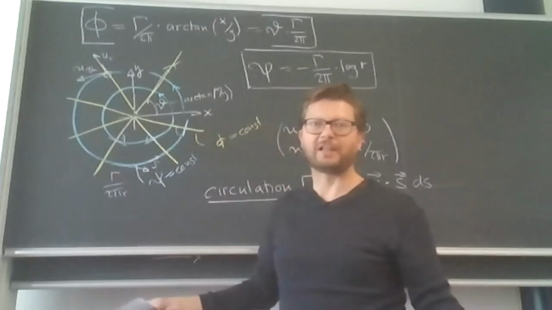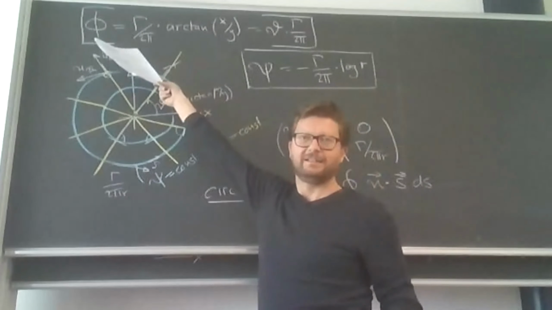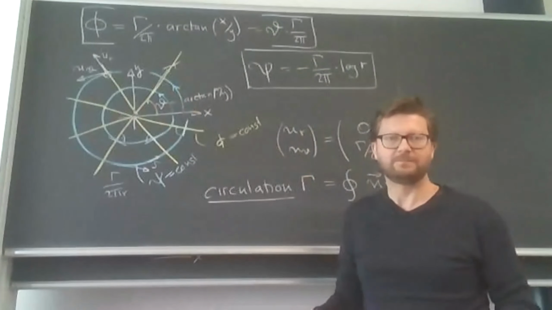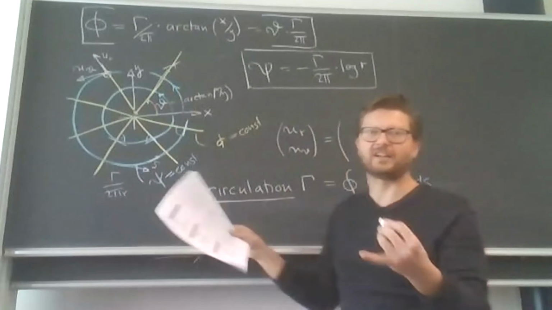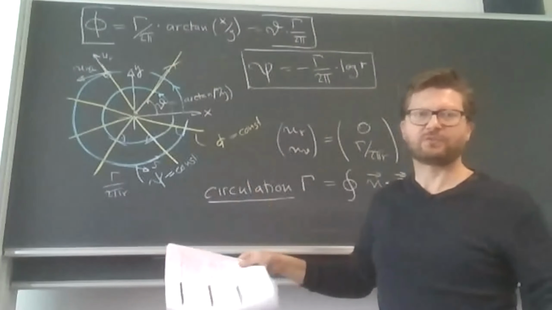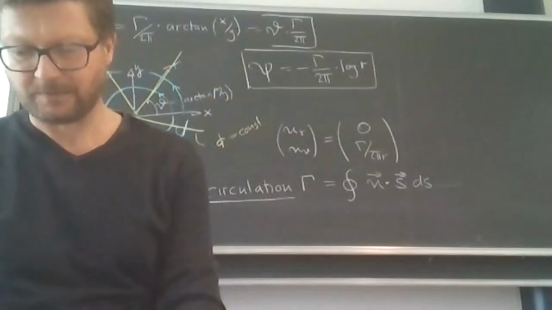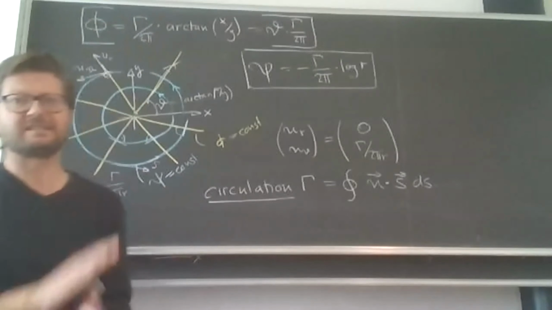So the circulation of this vortex is just gamma. This is why here we have a gamma over 2 pi. This is just written such that whatever we choose for gamma happens to be the circulation of this vortex. Okay, this is how an ideal vortex is defined.